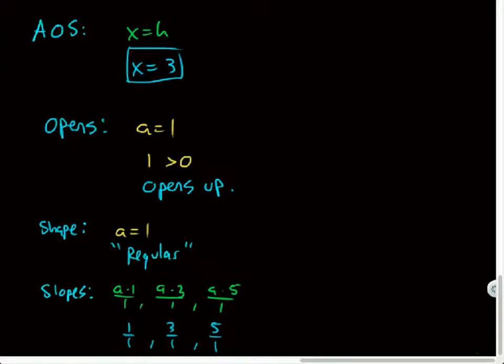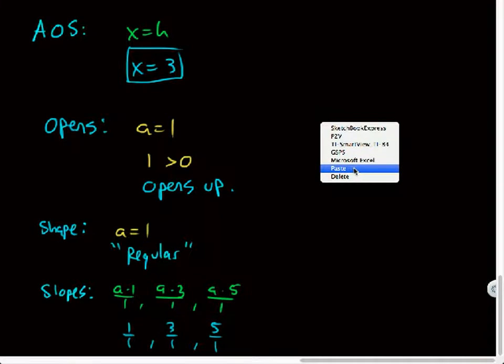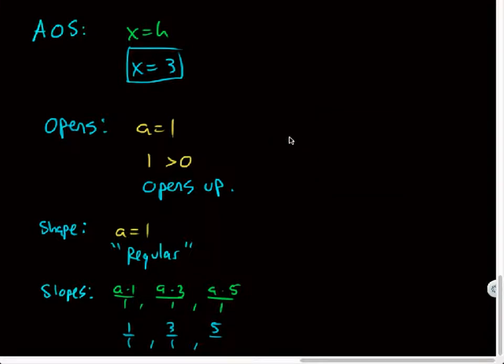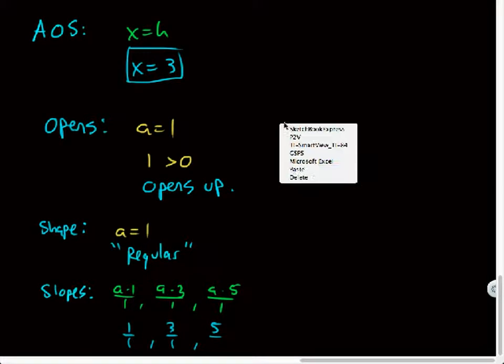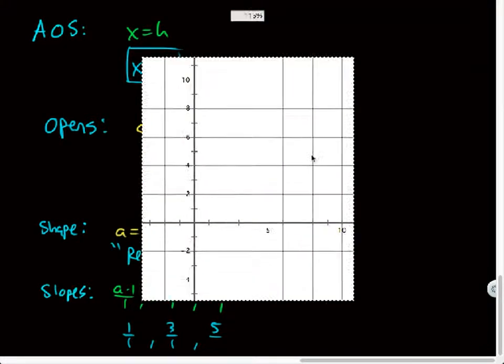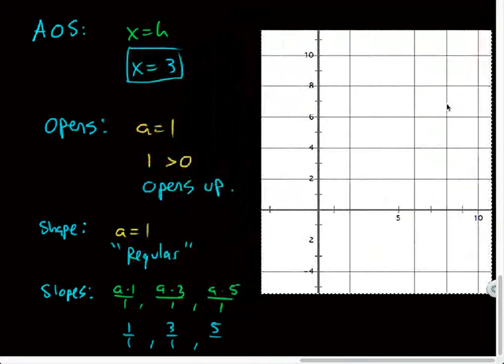Over 3, down 4. There we go. Actually, you know what? I'm going to get a different snapshot. I didn't like that one. I think I don't need to go over as far, and then I'll have a better resolution. I can draw it a little larger.